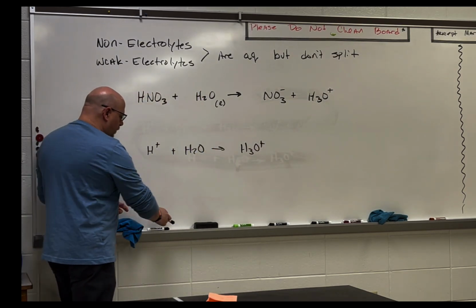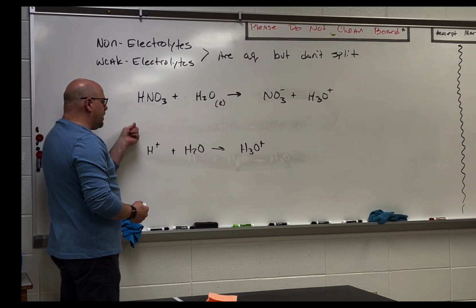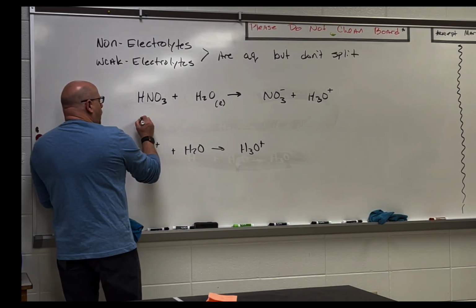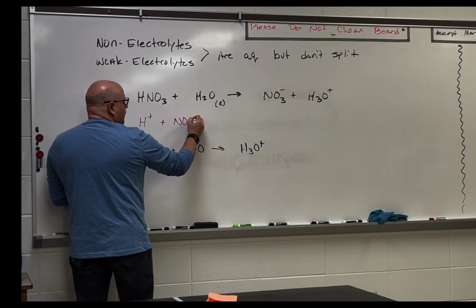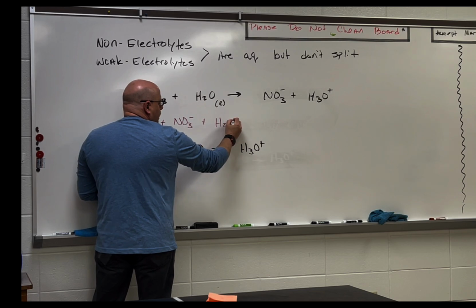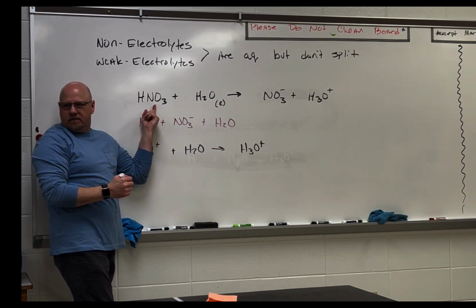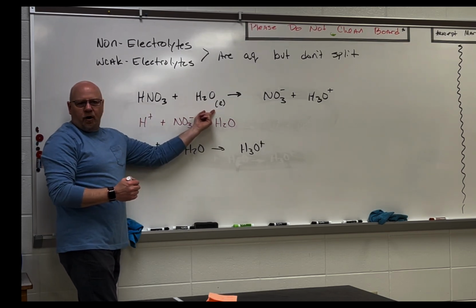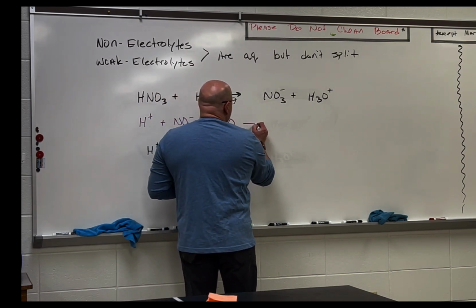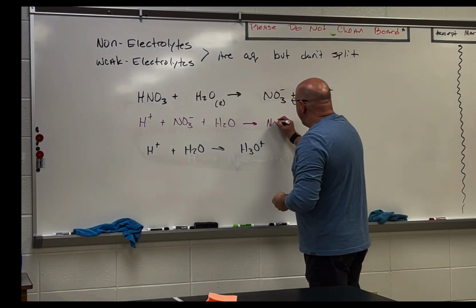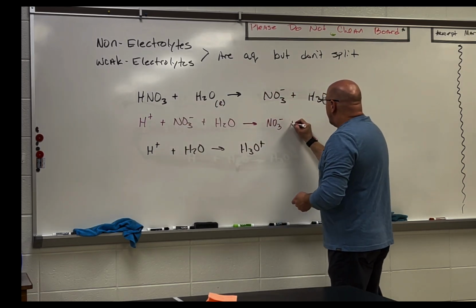I'll fill in for people that are wondering how we get from here to here. If this splits apart, we're going to get the hydrogen, we're going to get the nitrate, we have our water. This is splitting apart because it's a strong acid. Water is not splitting apart because we've never split apart water. It's going to produce the nitrate because this is an acid. It's going to give up the hydrogen.